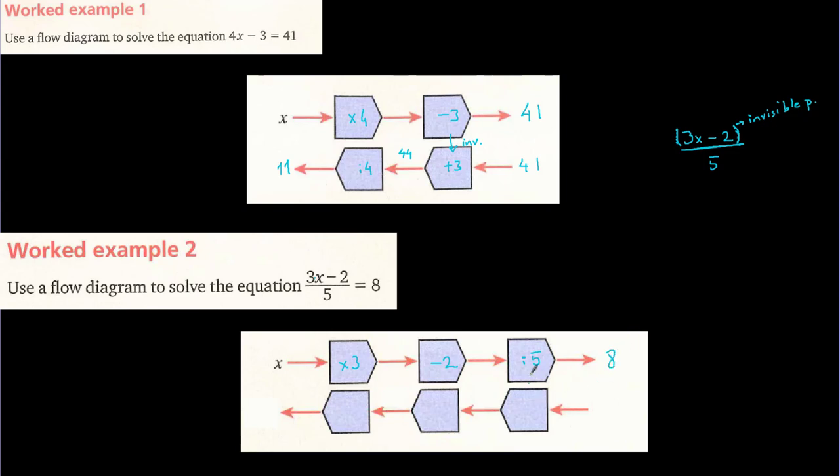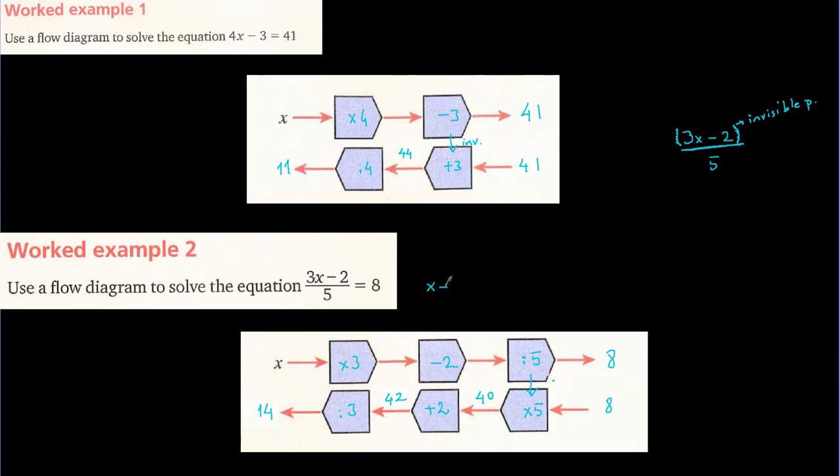Which means if I do the inverse operations here, this is going to be times 5. 8 times 5 is going to be equal to 40. And 40 minus 2 means it is going to be plus, 40 plus 2 is going to be equal to 42. And this was times 3, so it's going to be over 3. 42 divided by 3 is going to be equal to 14. And this is the answer of the question.